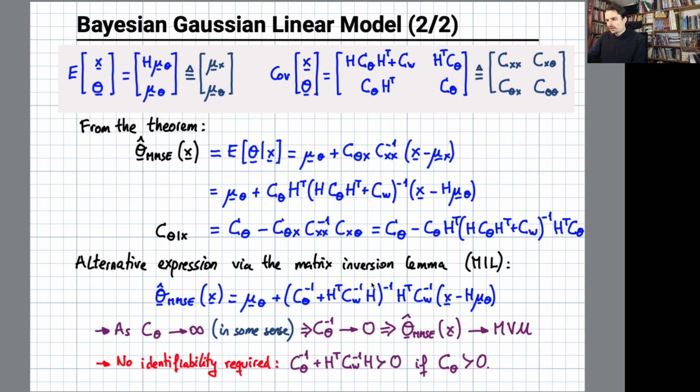And therefore we can go ahead and find an MMSE estimate even when the columns of H are not linearly independent. Okay, so that is a further advantage of MMSE estimators, right?